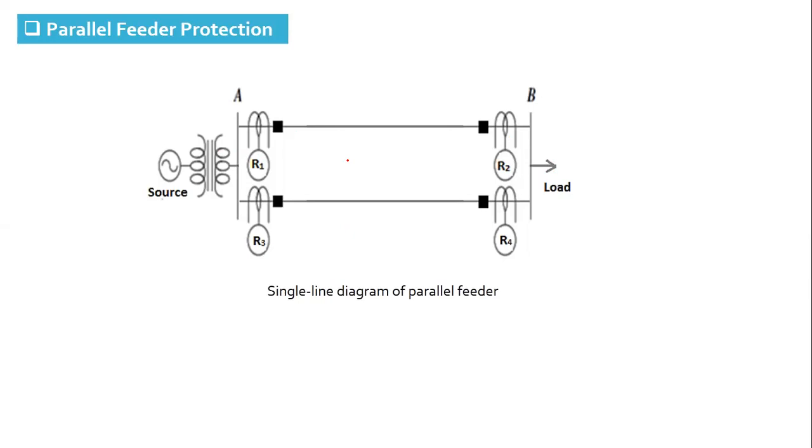But how different is the protection of a parallel feeder from the radial feeder which we have discussed previously? In the case of a parallel feeder, the relays at the source end are non-directional relays, whereas the relays at the load side need to be directional relays, and the direction of operation is away from the bus.